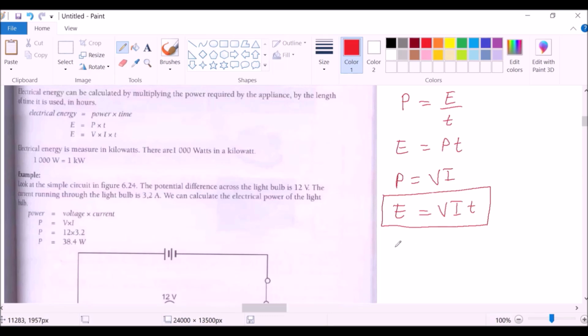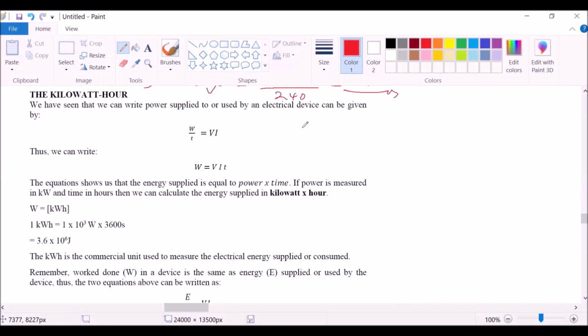Now we want to introduce the kilowatt hour. 1 kilowatt is 1000 watts. We can write power supplied to a device as energy consumed per unit time. And energy is equal to power times time.